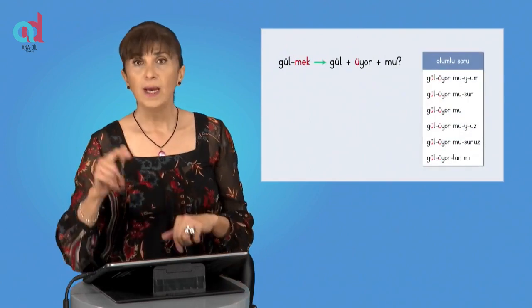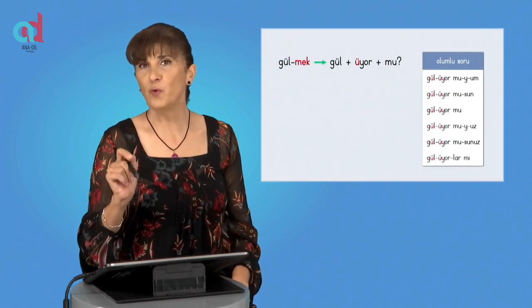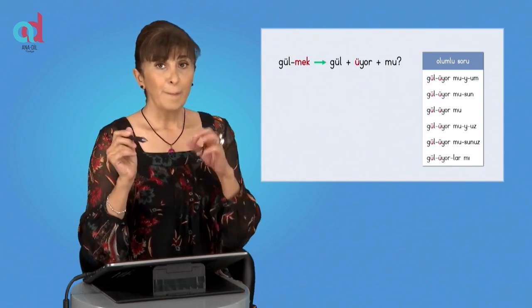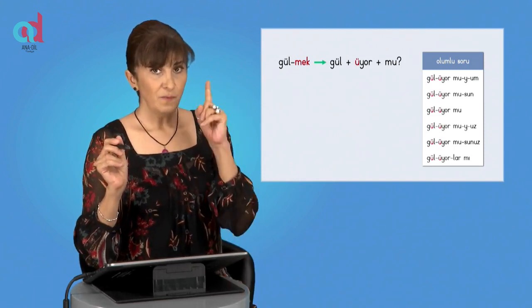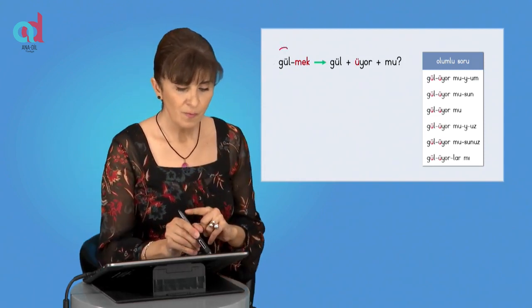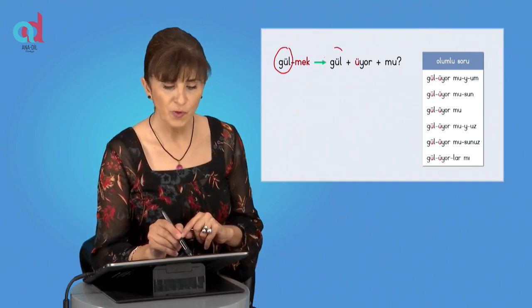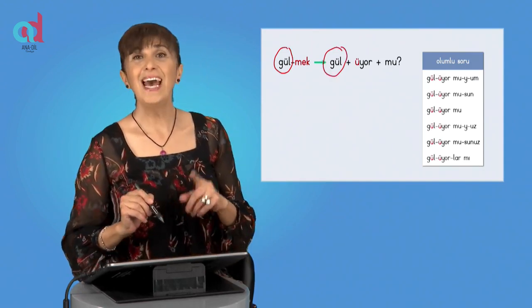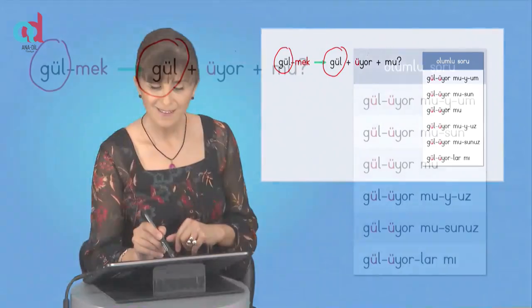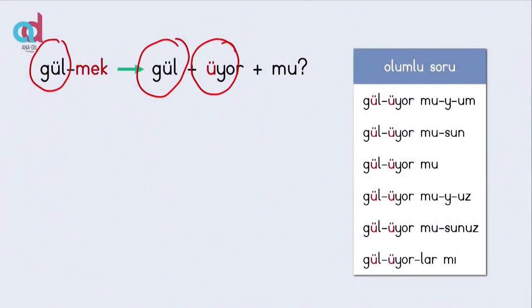Here we go. This one is the positive question. What we said? First, the root. And then our present continuous tense şimdiki zaman suffix.